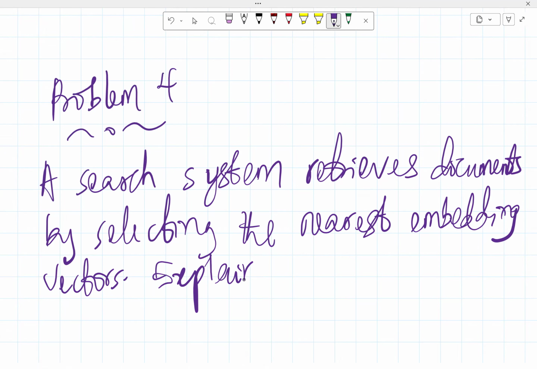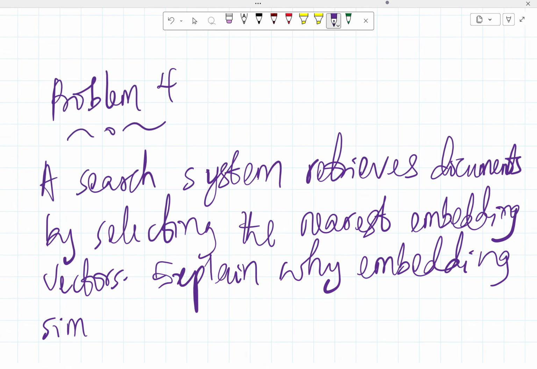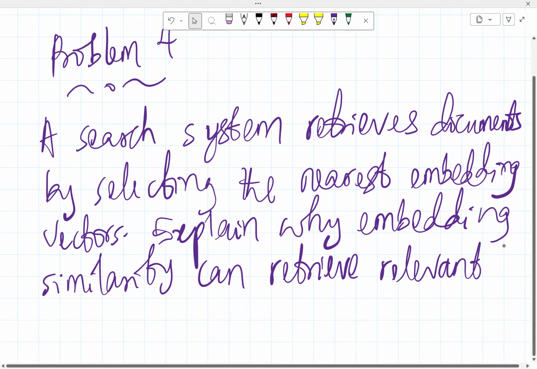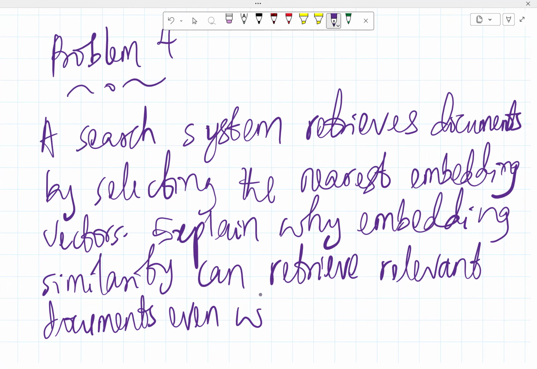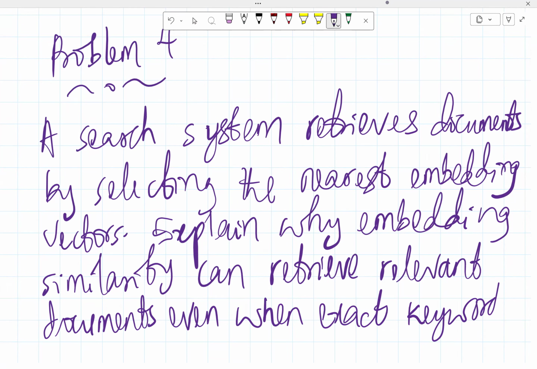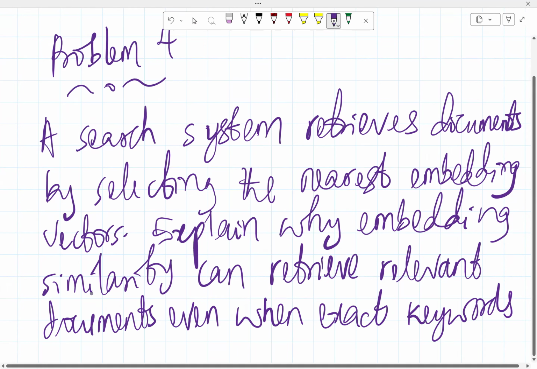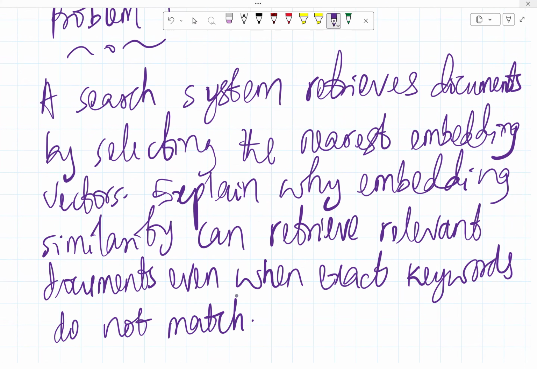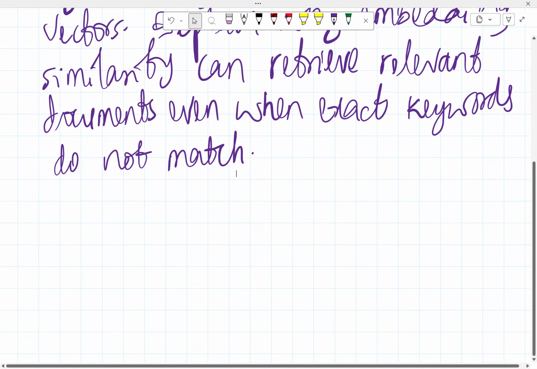Explain why embedding similarity can retrieve relevant documents even when exact keywords do not match. Okay, so let's go ahead and talk about the solution.